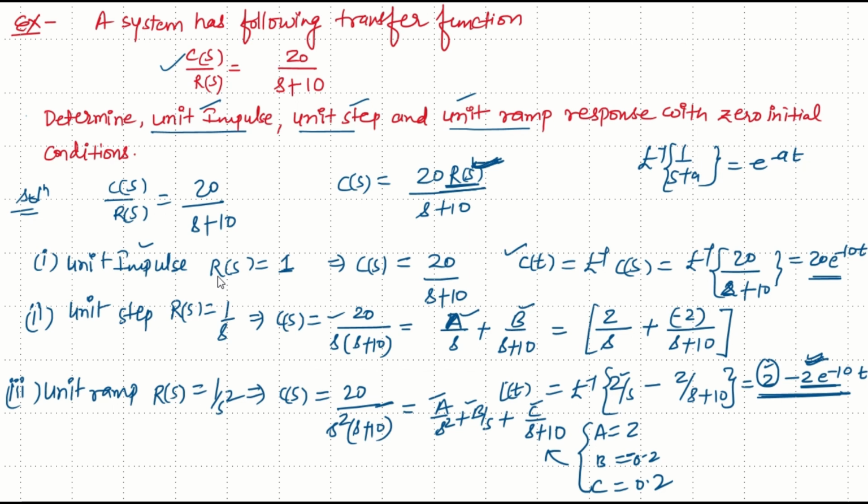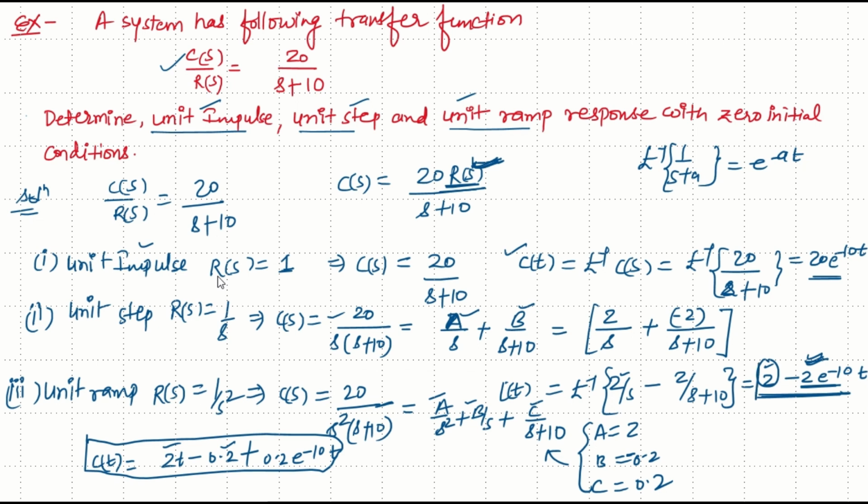When you put these values and take the inverse Laplace, you finally get c(t), which comes out to be 2t minus 0.2 plus 0.2 e raised to power minus 10t. So again this is exponential with the steady state value and this term 2t.